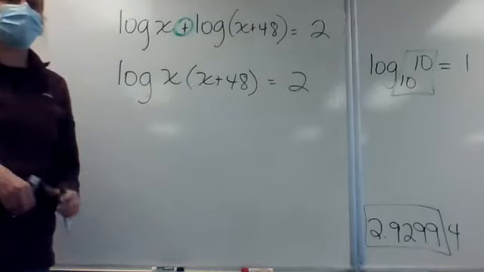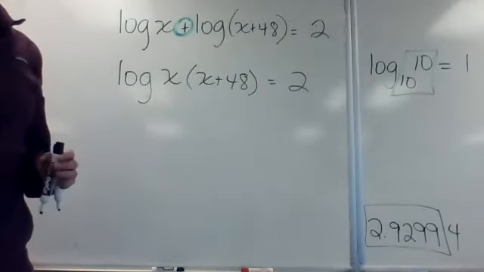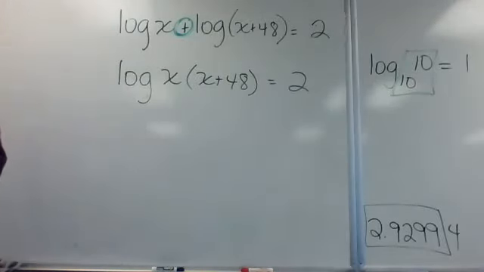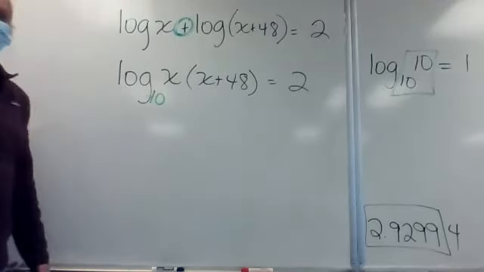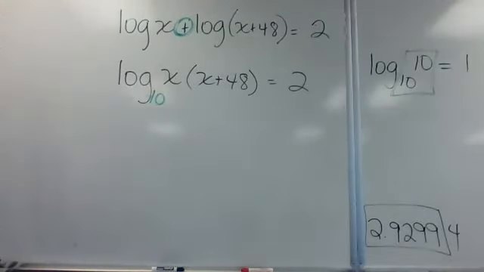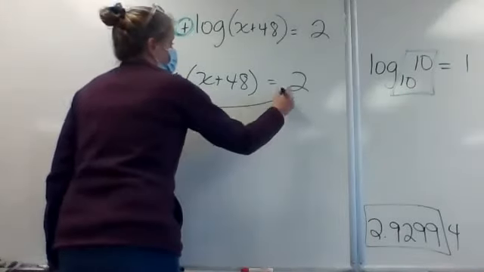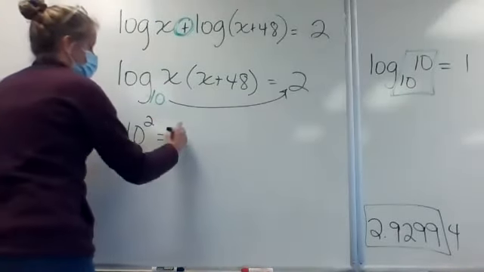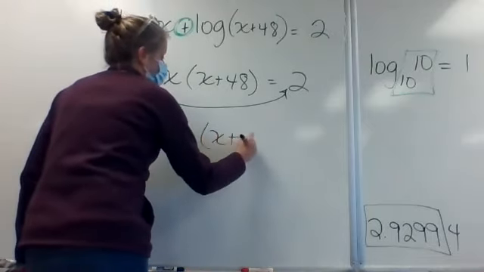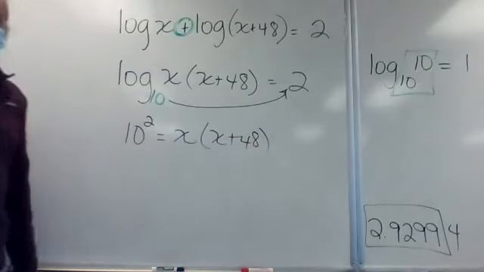So now it's like the ones I've been working. And now, since there's just one log, I can turn it into an exponential equation. I don't see the base, which means it's 10. So now I have 10 squared equals x times x plus 48.